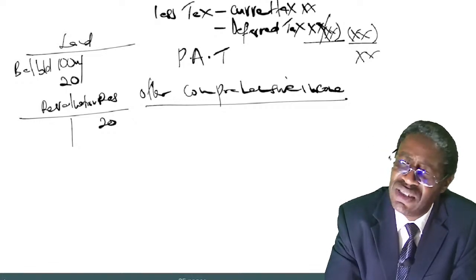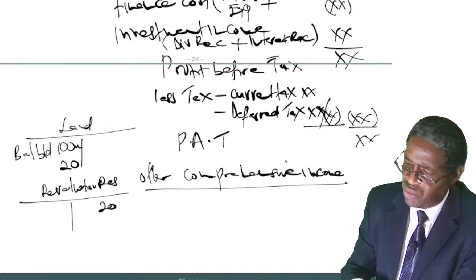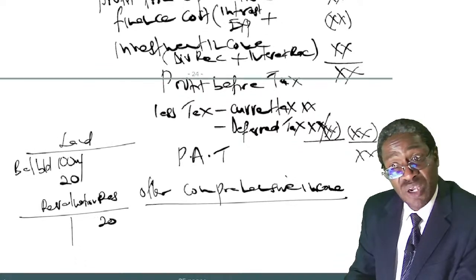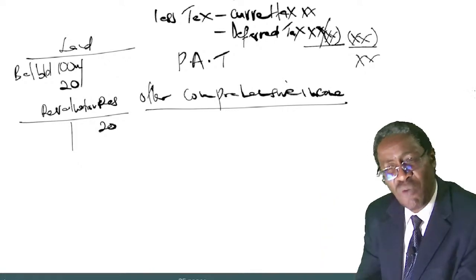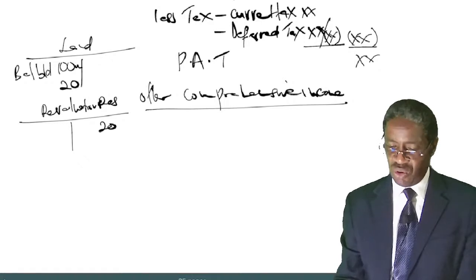Now that's a gain, and we can't show it on the face of the income statement like we have done for the others. We are required to show it as part of other comprehensive income.